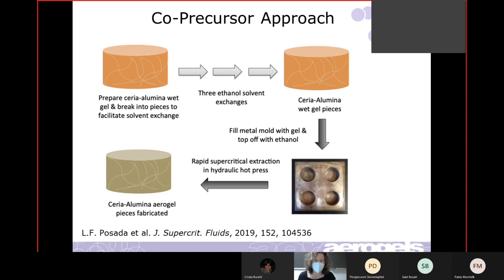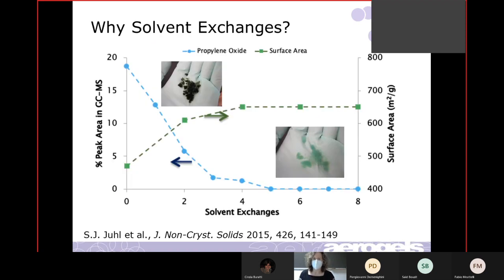Here, the issue is not so much what the solvent was, it's what the epoxide was and some byproducts of the initial reaction. And so we undertook a study associated with our alumina epoxide-based approach, where we looked at how much was still left.